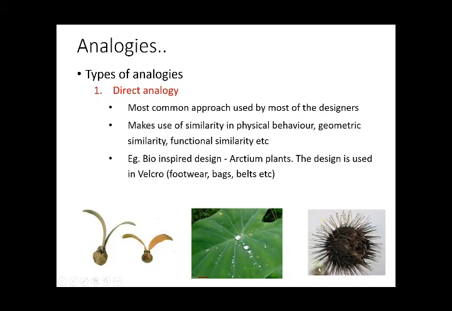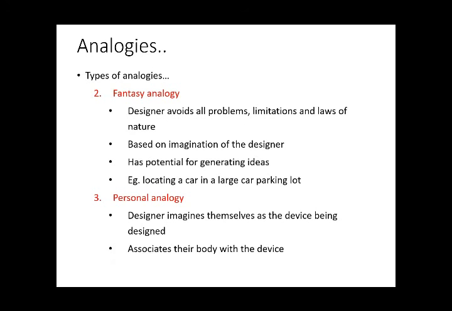So that product was inspired from the design of the RTM plants. Similarly, many such designs from nature have been adopted and made into very commonly used, very important products. So that is known as direct analogy.